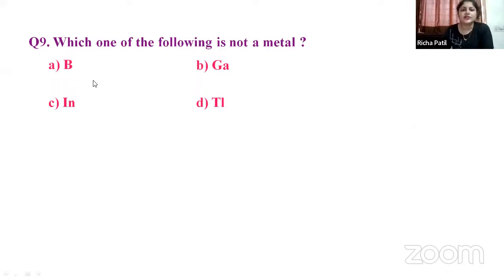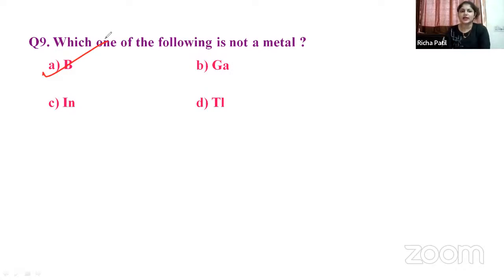Which one of the following is not a metal? Yes, Pallavi. So it is A, right? Boron. As we had discussed, boron is not a metal.